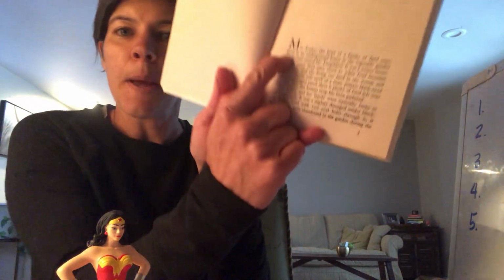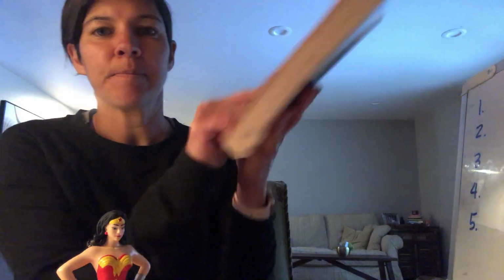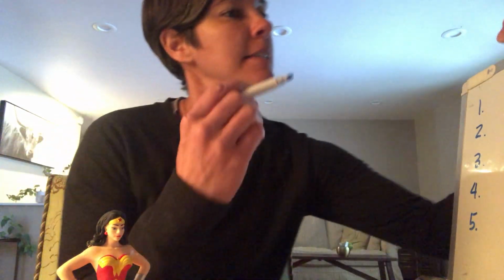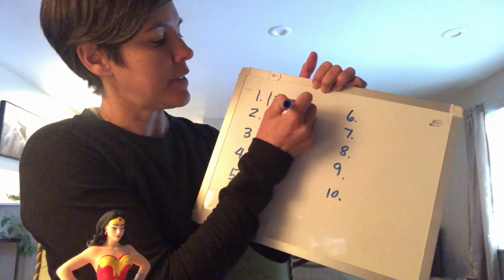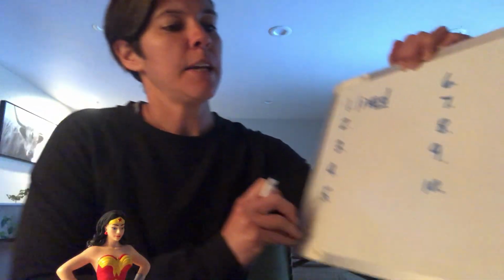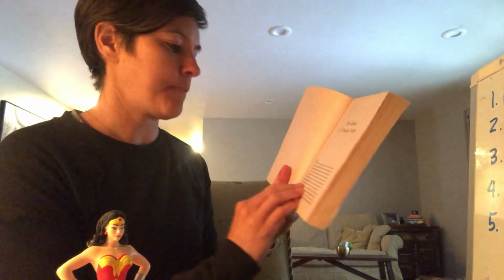I just found my very first ED verb. So here's where I'm going to add it to my list. My first verb is lived. And I'm going to underline the ED in my verb to remind me. Okay, let's continue.